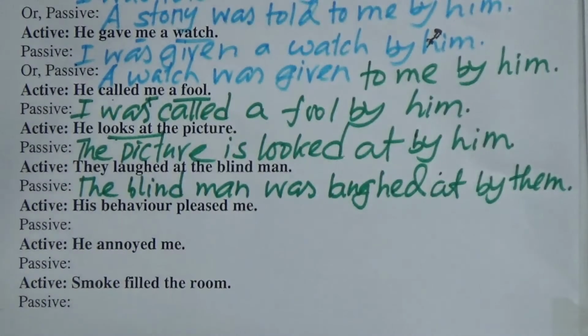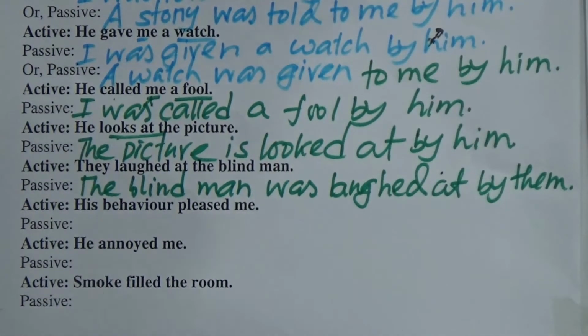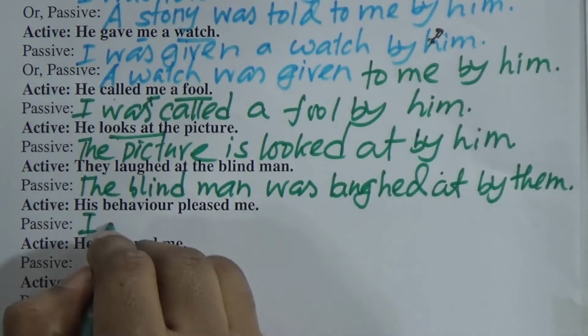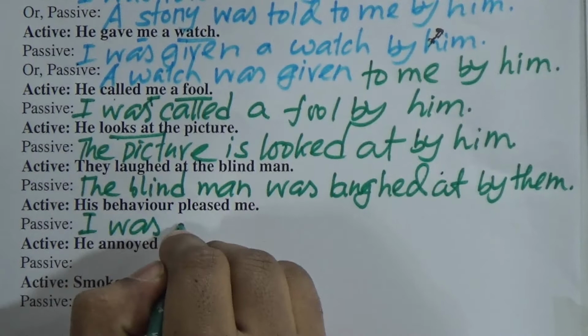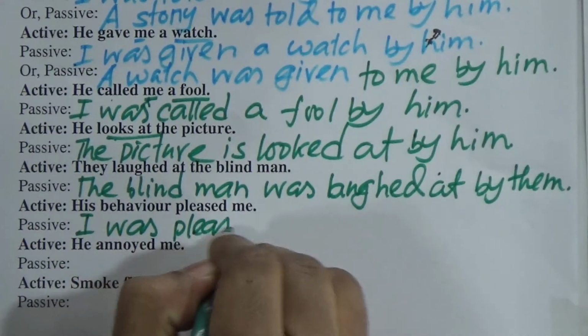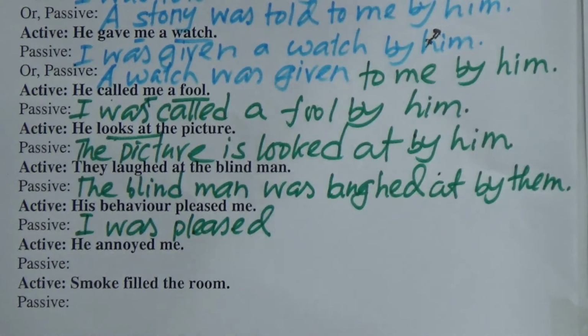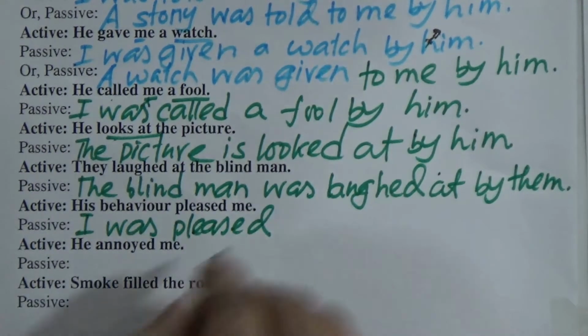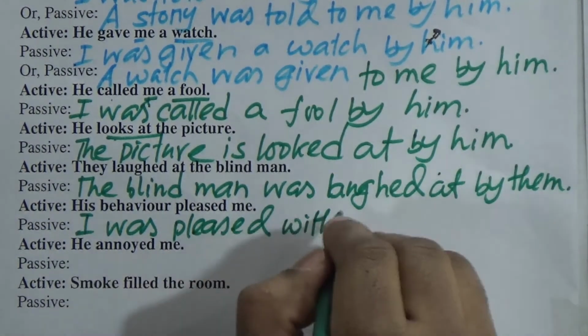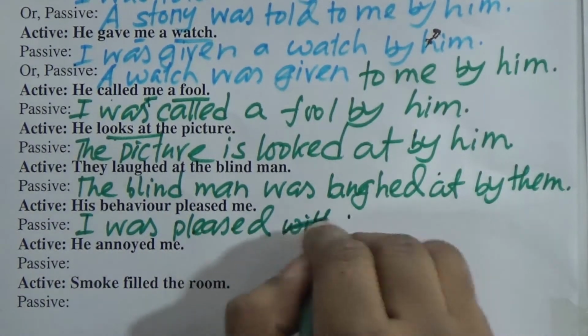His behavior pleased me. This rule is very important. His behavior pleased me. Me will be I. Past indefinite tense, pleased. That's why we have to use I was pleased. The verb pleased takes the preposition with. I was pleased with. Sorry.